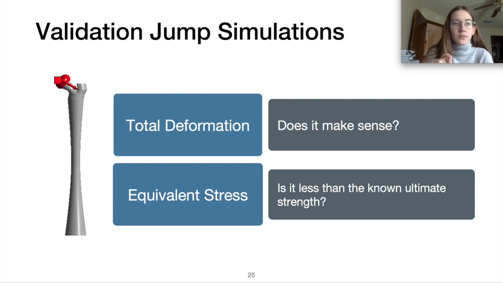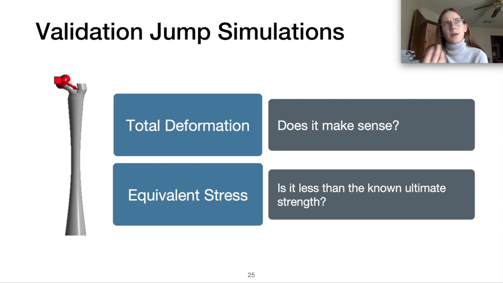Okay, so for the jump simulations, the countermovement jump, I studied the total deformation and the equivalent stress. This was mainly the validation, correct? The deformation was to see if it made sense.